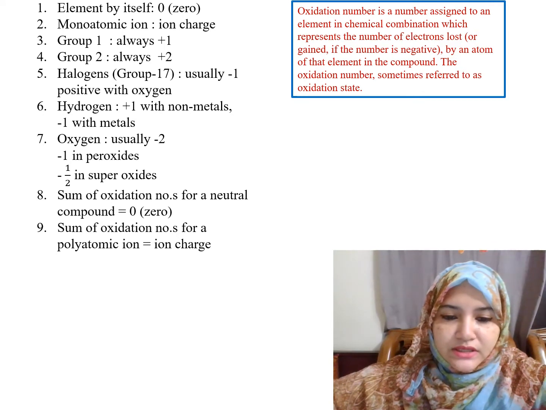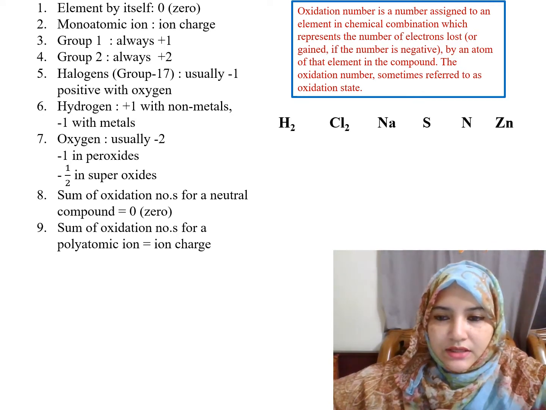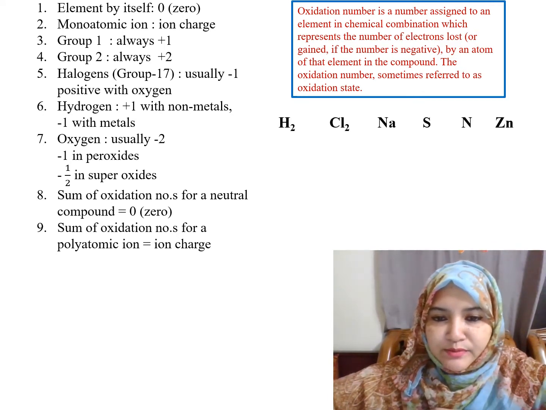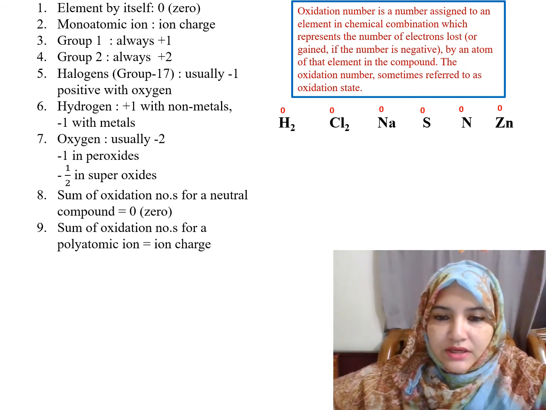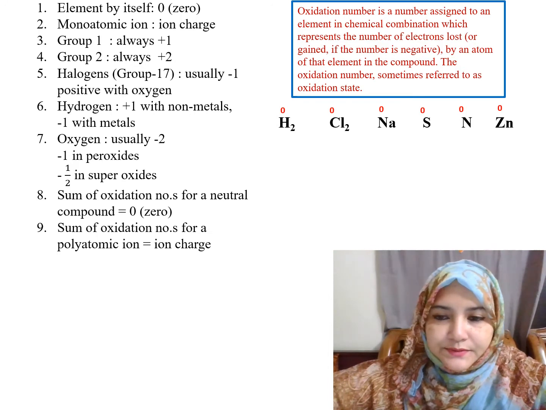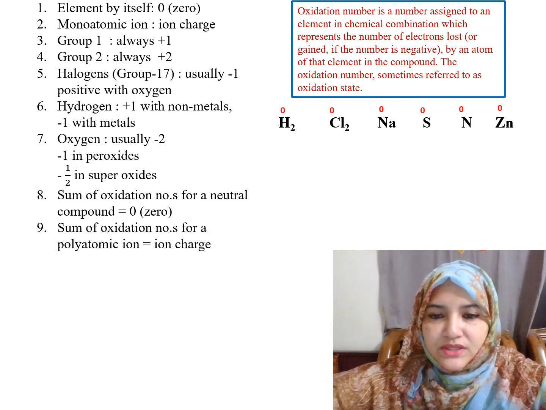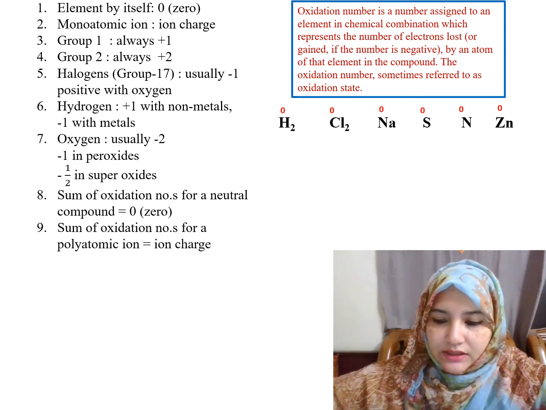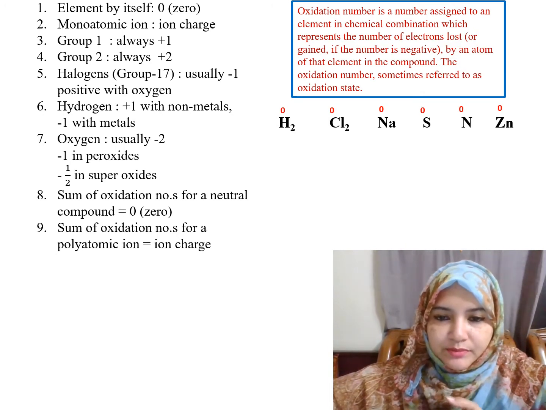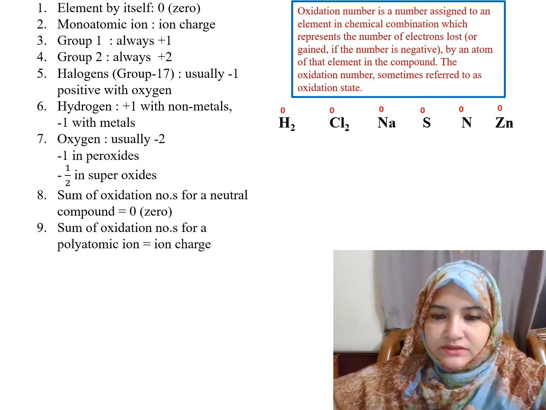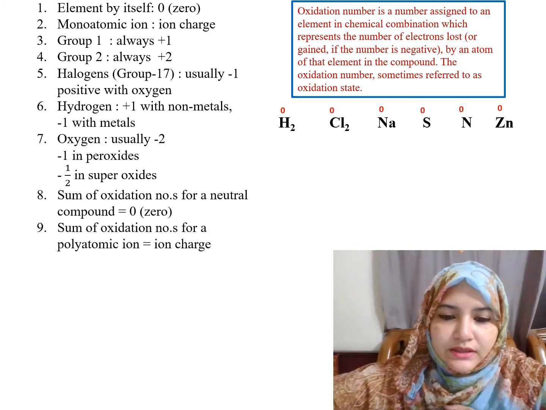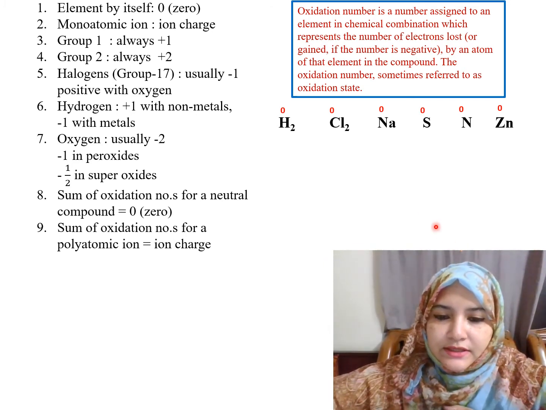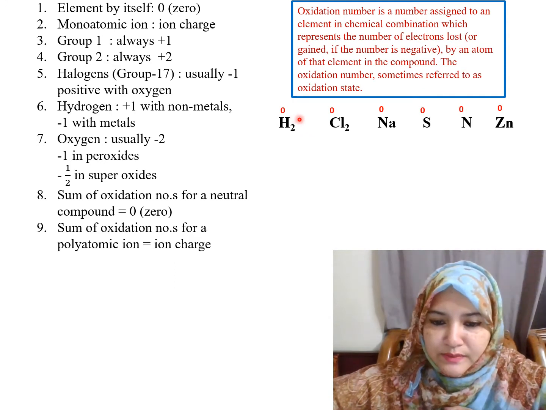Look at these elements: elemental molecules, metal atoms and non-metal atoms. Above each one of these molecules or atoms, I have written the oxidation number.